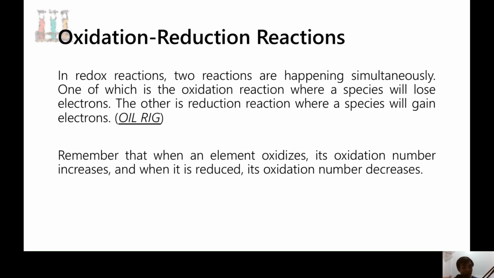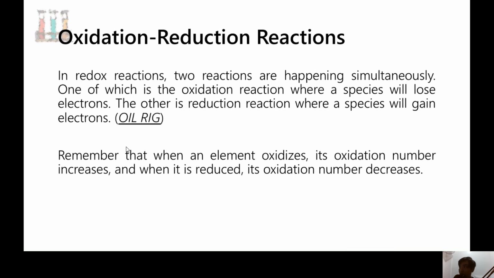Yung oxidation, yun yung maglo-lose ng electron, and then yung reduction reaction, that is the substance gaining electrons na. Okay, so yun. So we have two reactions happening in redox reaction. Reduction, may nag-gain ng electron. Oxidation, may naglo-lose ng electron.